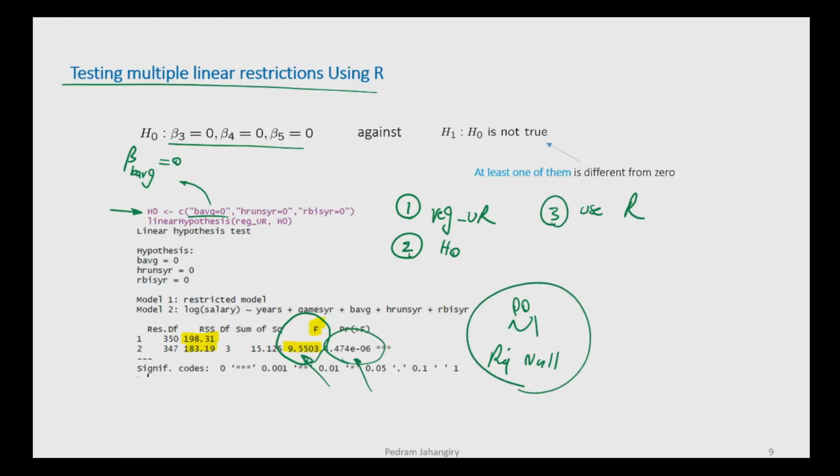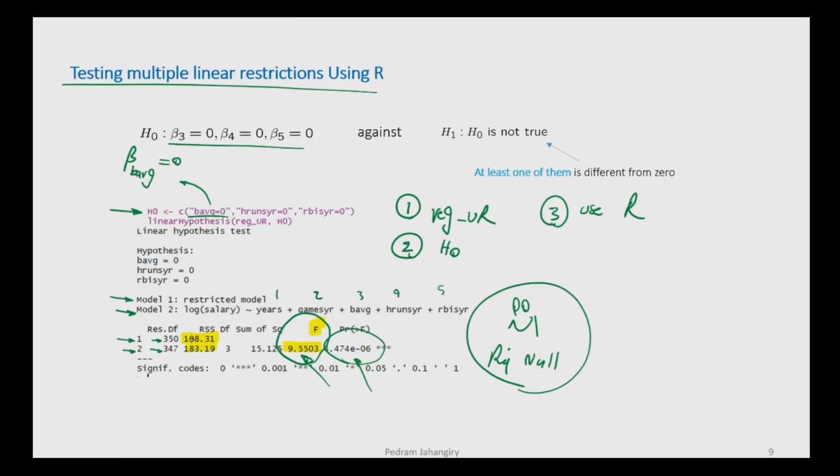Right, and what are the other numbers? Model number 1 is our restricted model, when we drop those 3 variables. Model number 2 is the unrestricted model, when we're regressing log salary on everything, 1, 2, 3, 4, 5 variables, right? For model number 1, we have degrees of freedom n minus k minus 1. For model number 2, it's n minus k minus 1 plus q, because we're adding back those restrictions, right?